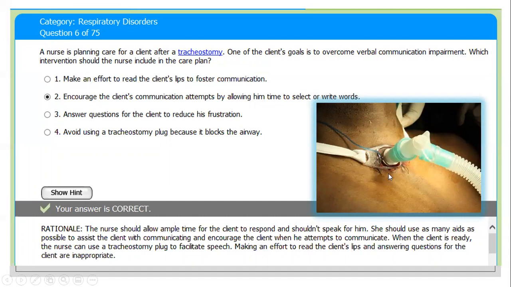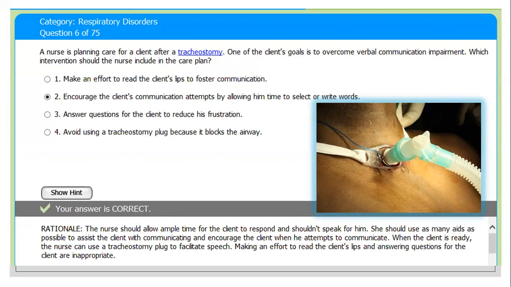In this picture, we can see a tracheostomy. A tracheostomy, also known as a tracheotomy, is a small surgical opening that is made through the front of the neck into the trachea.